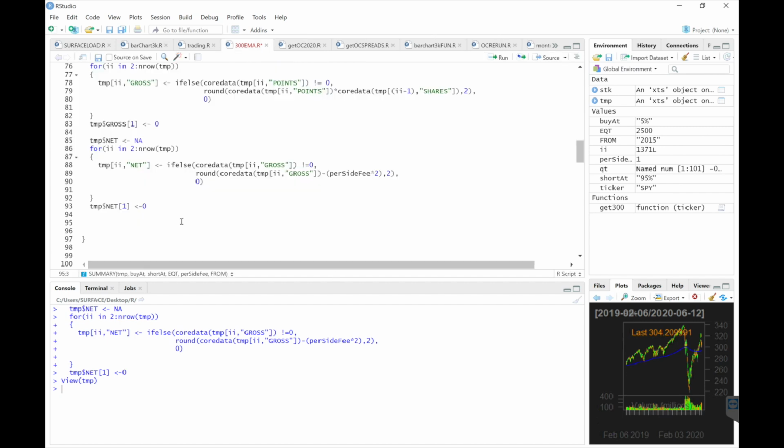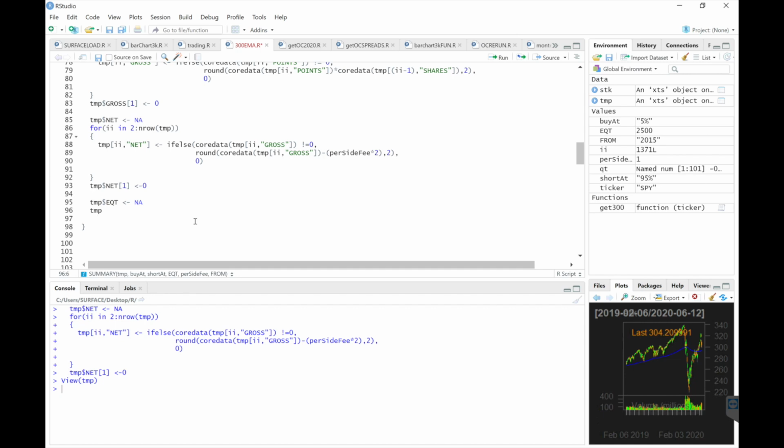The next thing I want to calculate is our equity curve. So we'll set that equal to NA. Make that first observation our current equity, which is equity 2,500. And then we're going to iterate. All right, so temp, iterator equity, if else.